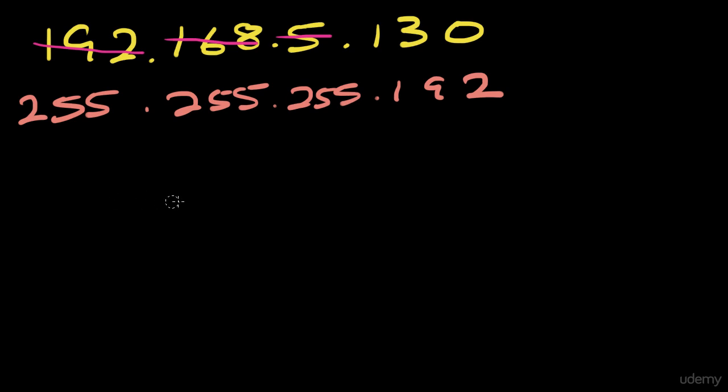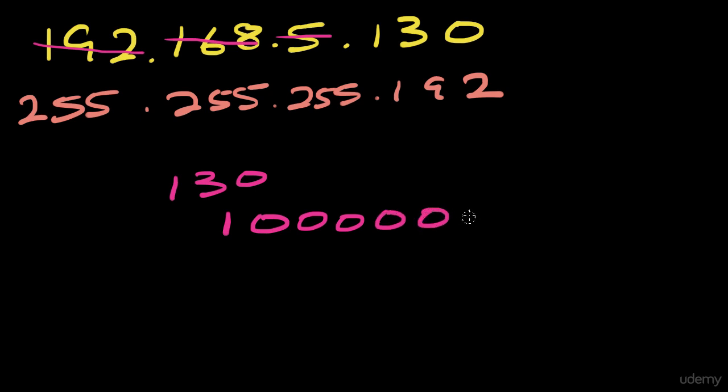So the first thing we need to do is look at 130 in binary. 130 in binary, well, that's going to be 128, 0, 0, 0, 0, 0, 1, 0. So this is 8 bits.